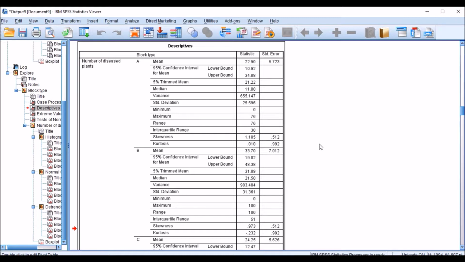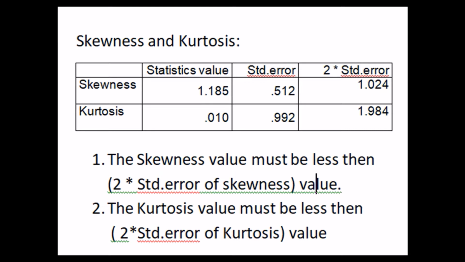We can explain this with a small calculation which needs to be done manually. The data from SPSS taken for the box plot, block A: skewness is 1.185, kurtosis is 0.010.